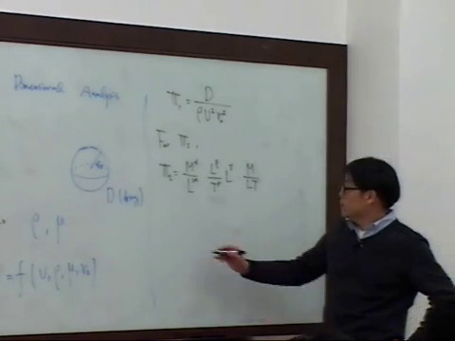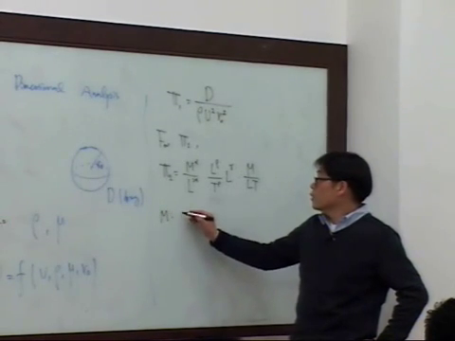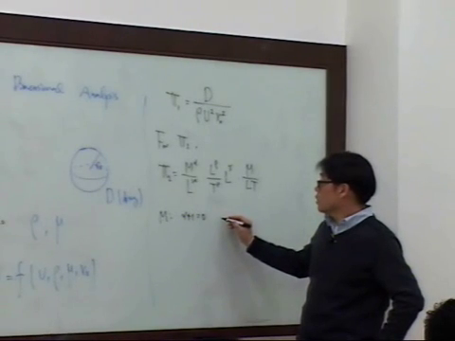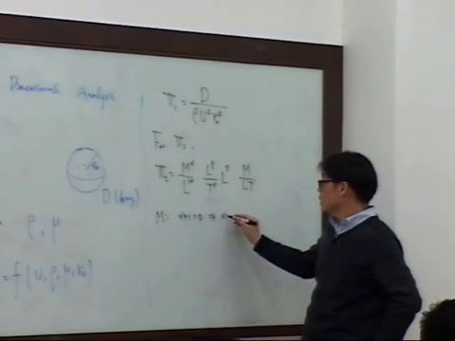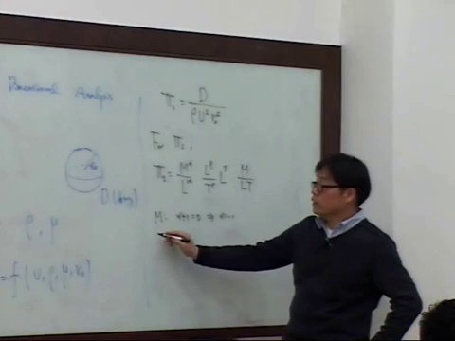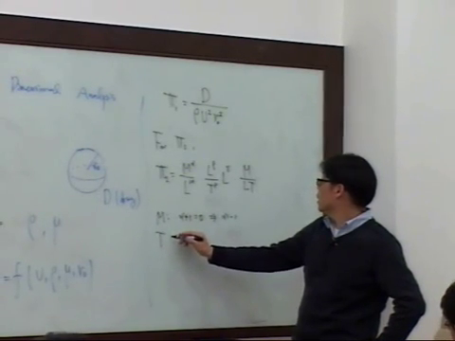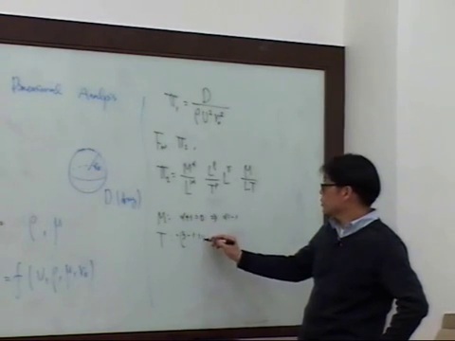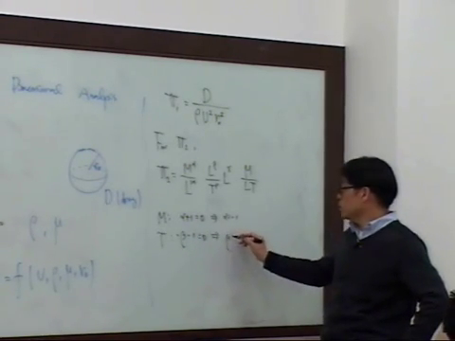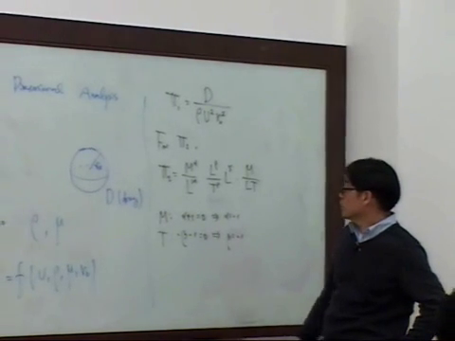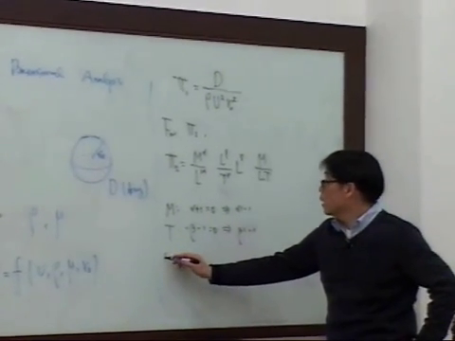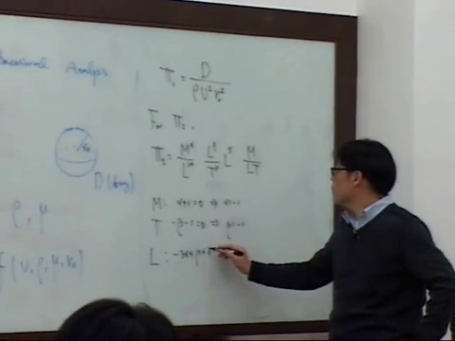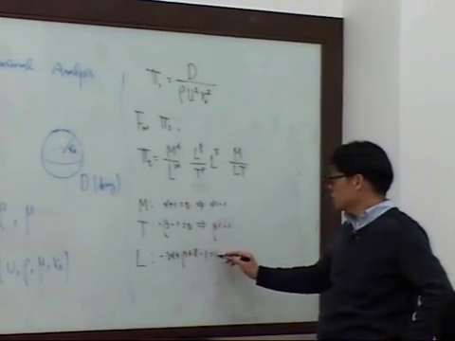And then if I look at m, once again I have alpha plus 1 is equal to 0. So alpha is minus 1. And if I look at the t, then beta minus 1 is equal to 0. So beta is minus 1. And for L, minus 3 alpha plus beta plus gamma minus 1 is equal to 0.